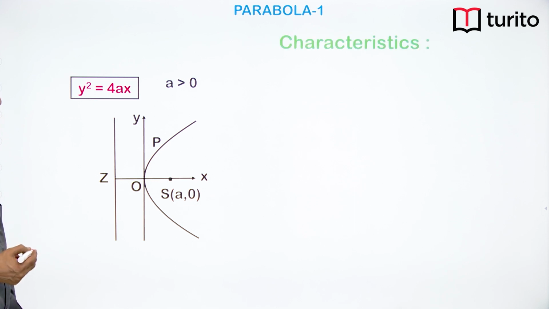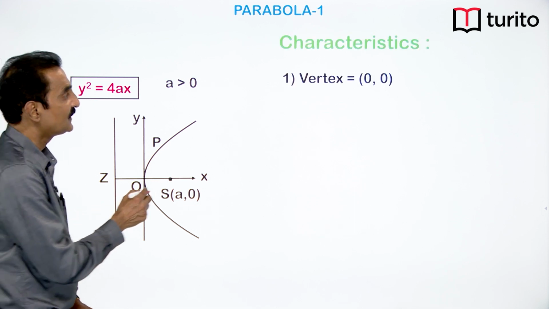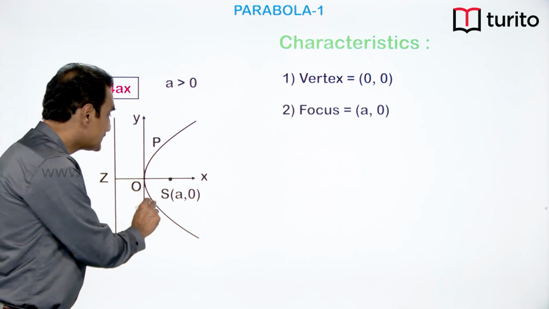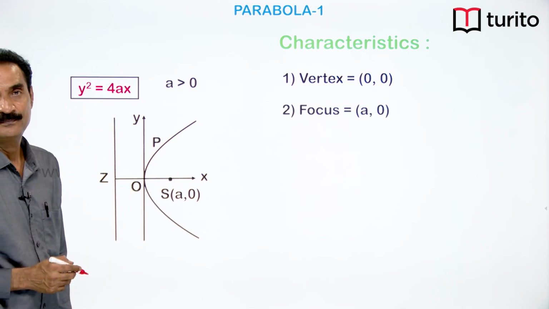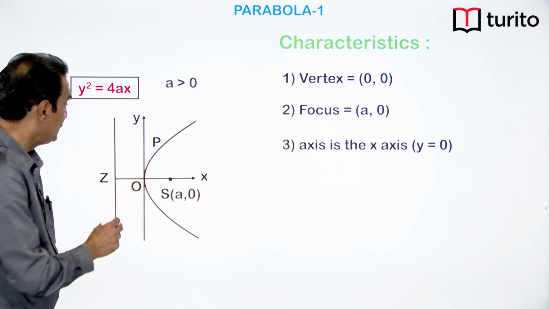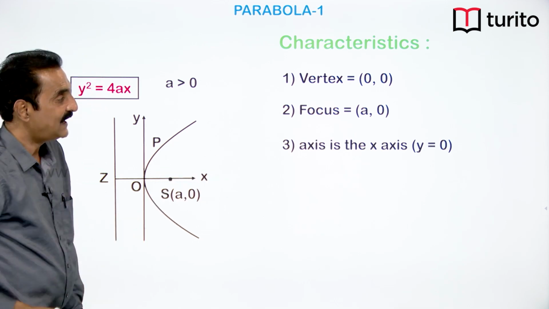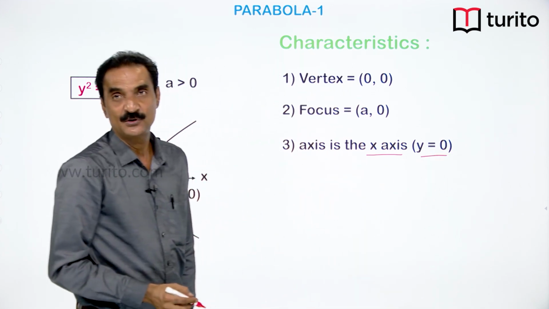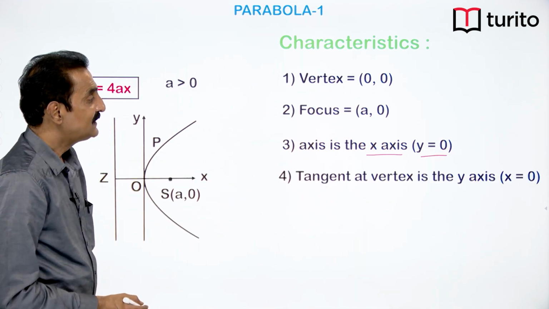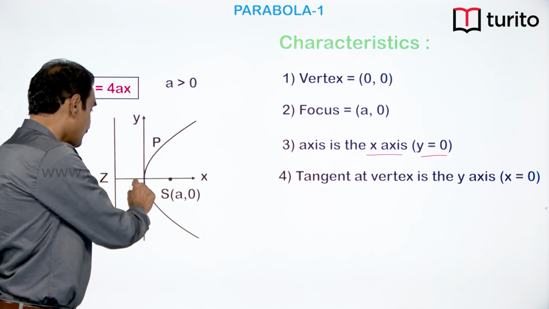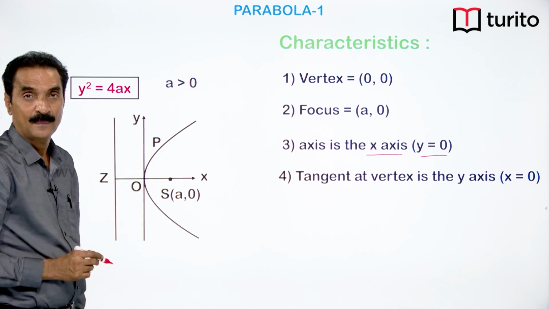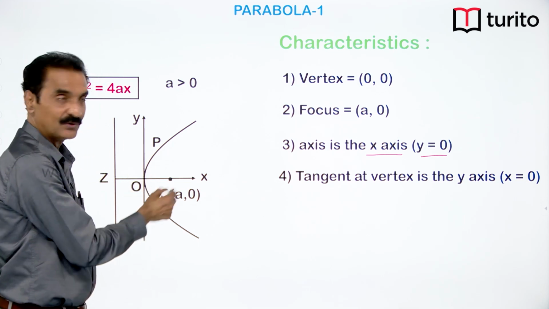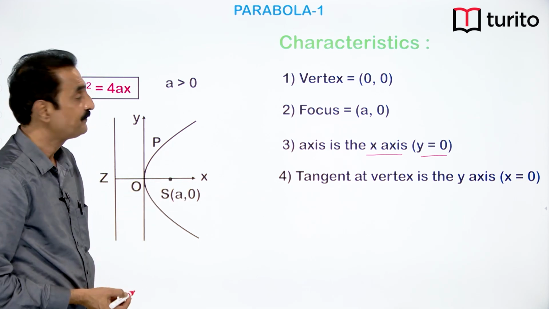The characteristics are: its vertex is the origin, focus is (a, 0), the axis is the x axis, its equation is y is equal to 0, tangent at vertex is the y axis, equation of the tangent at vertex is x is equal to 0, that is the equation of the y axis.